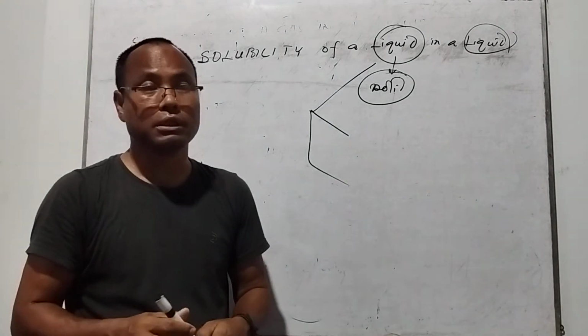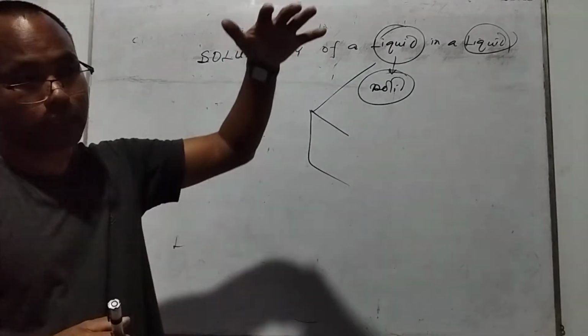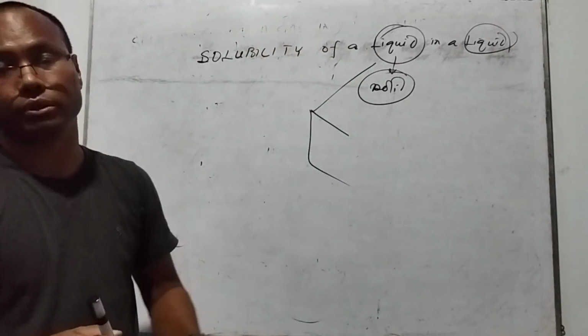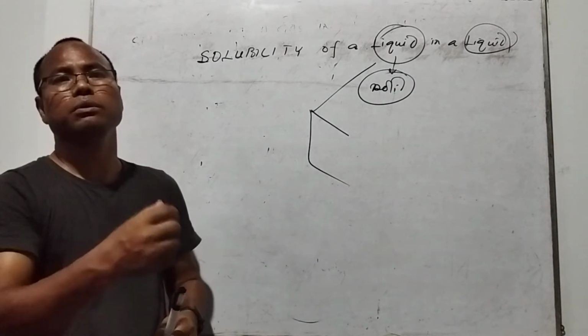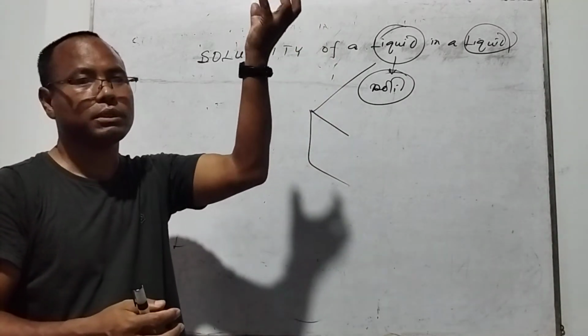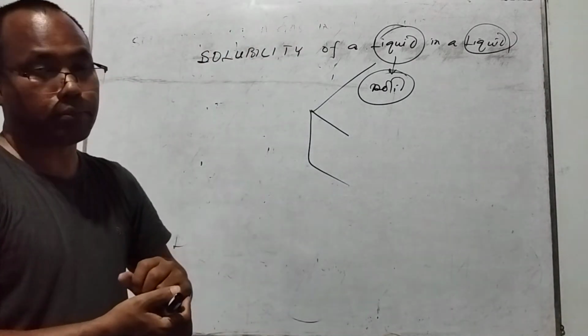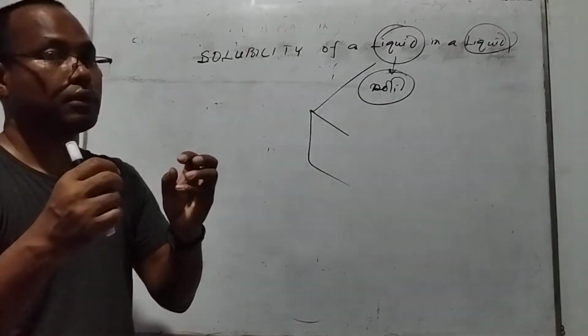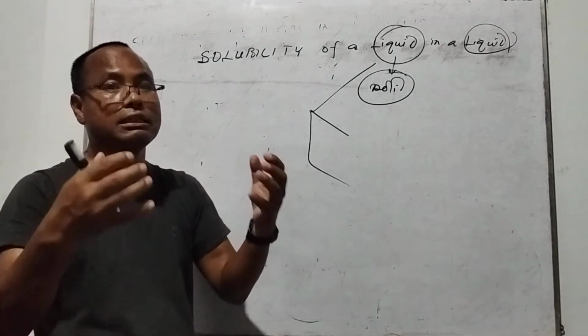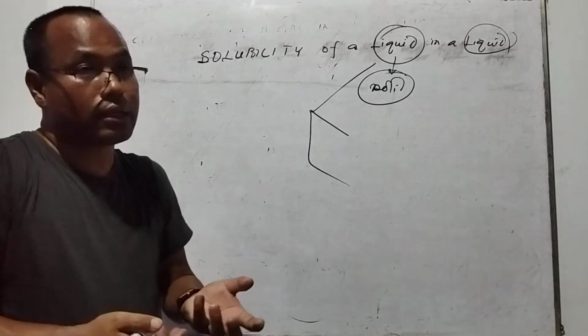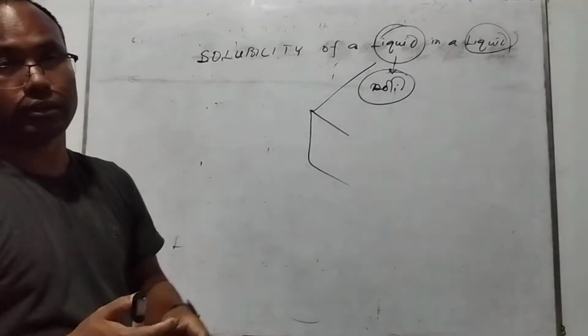Even the water also, right? Because of the external atmospheric pressure, water remains as water. When we release this atmospheric pressure, this water will go up as a vapor. That means every substance has an internal pressure which can escape, right?